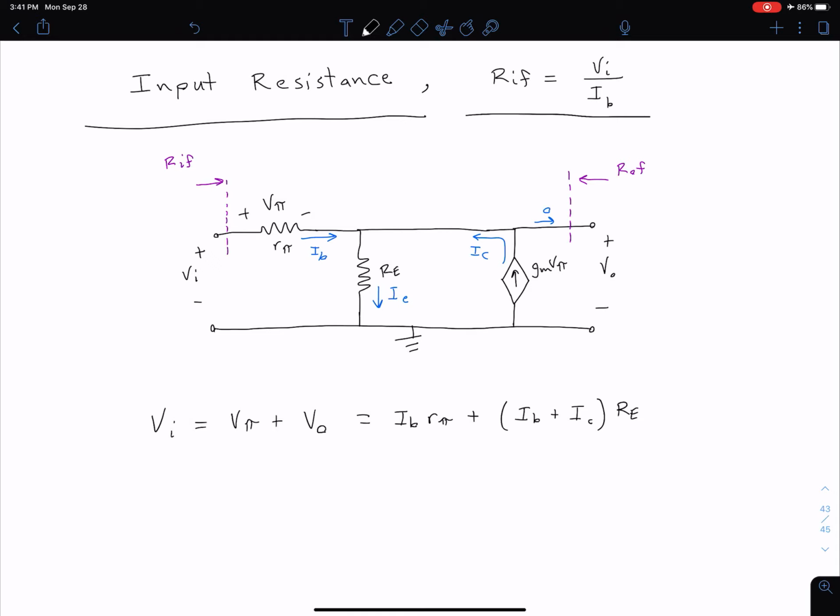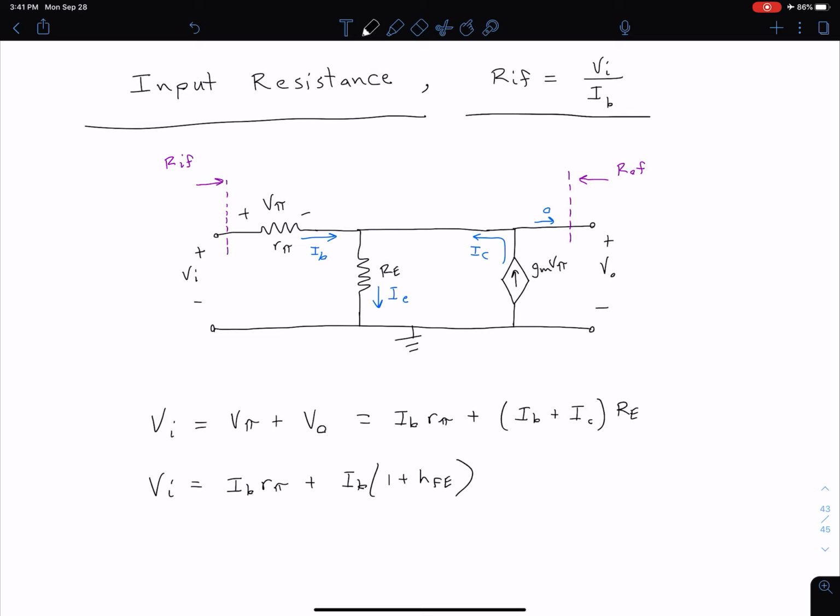Okay, so let's take that second term a little further, and we can say our input voltage is equal to IB times R pi. I'm going to leave that alone for now. And then let's say we have IB, but our IC, let's change it to be HFE times IB.